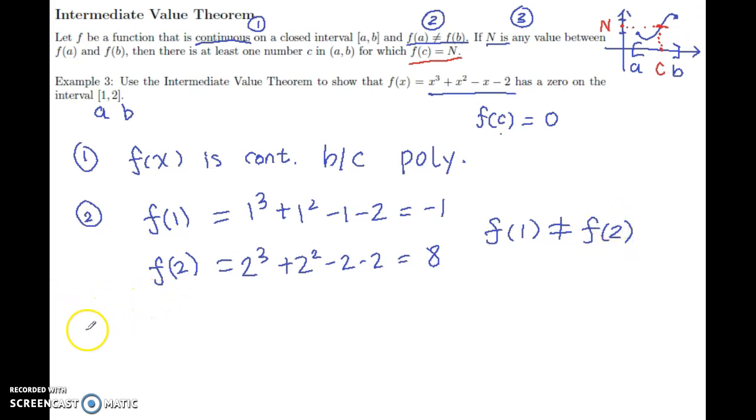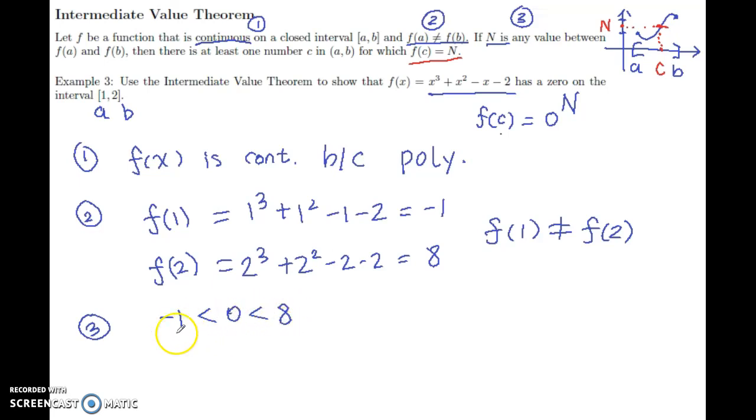So then we want to see, is the value capital N that we're interested in between f of a and f of b? So 0 is our N. And 0 is between -1 and 8. So we have -1 is less than 0, less than 8.